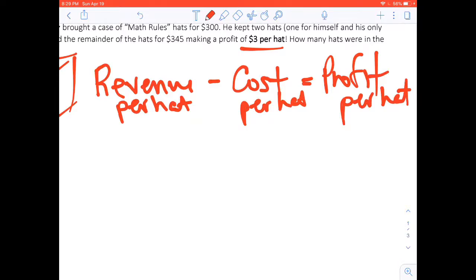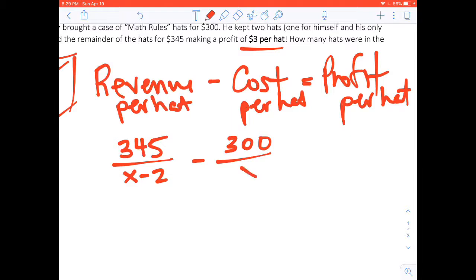So revenue per hat, we know that I sold them for $345 and I sold X minus 2 hats. In terms of the cost, it cost me $300 to buy these hats and I bought X hats. And the profit per hat, well, it tells me that. I don't have to do any calculations. It just says that we made $3 per hat.